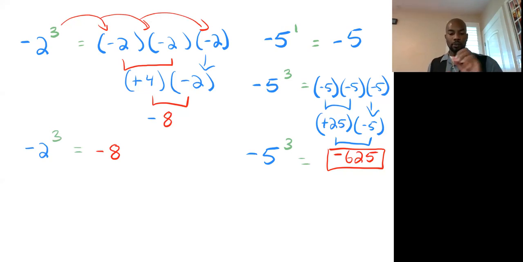Let's try it now with an even exponent, but a negative number. So we have negative 6 to the second power. Well, that's just negative 6 times negative 6.